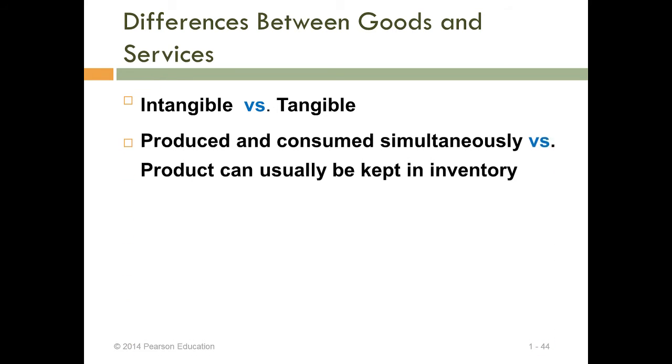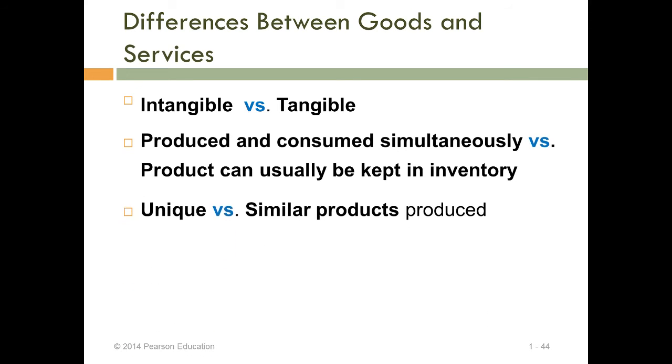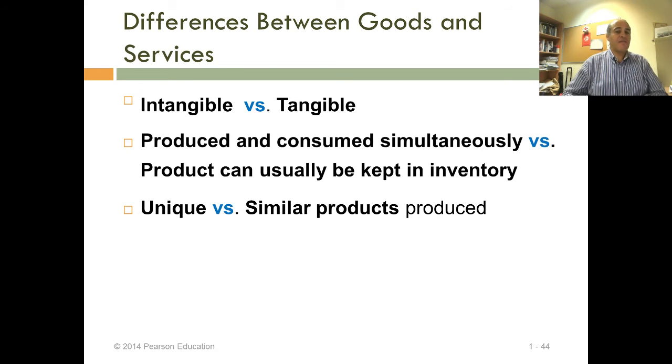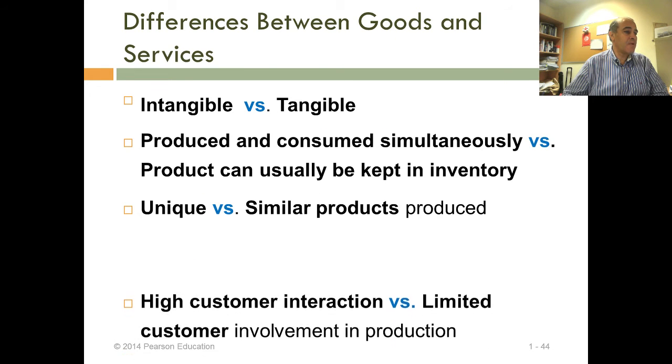Traditionally as well, services are produced and consumed simultaneously, while products can usually be kept in inventory. Traditionally, services are unique, while goods tend to be similar in general and can be produced in a more standard way.